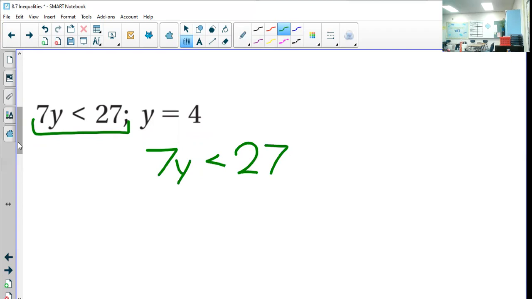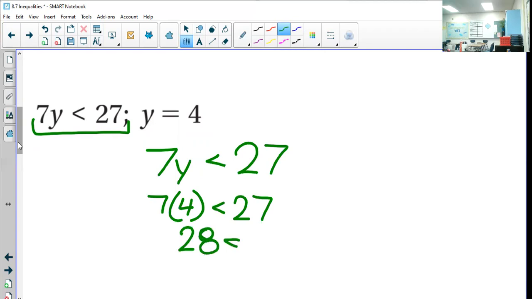Okay, y equals 4. These two things right next to each other just mean to multiply. So I'm going to do 7 times 4 is less than 27. 7 times 4 is 28. Is 28 less than 27? No, it's bigger, right? So then we just write no.